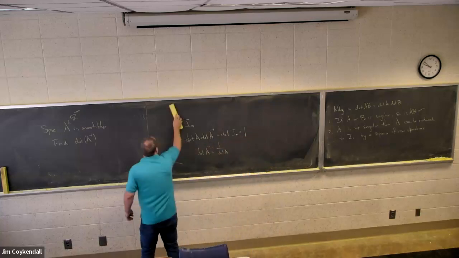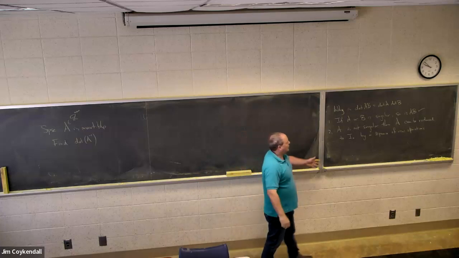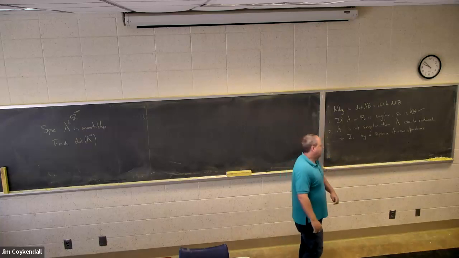Everybody okay with that? That's one of our equivalent ways to think about invertibility. You have to be able to do a sequence of row operations to get the identity out of it, right?